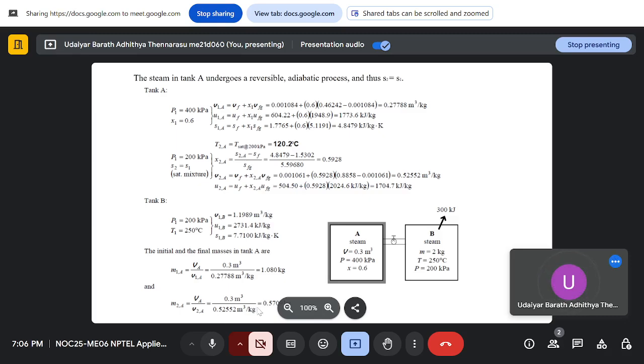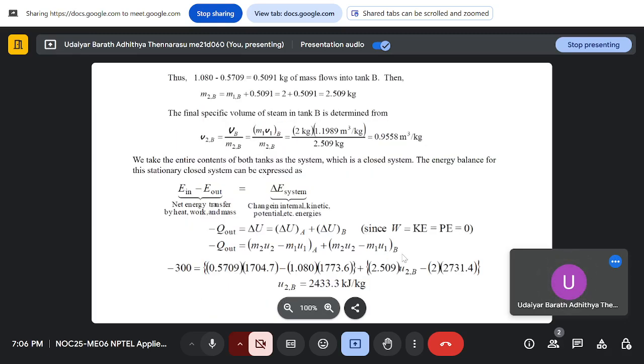So mass is 0.5709, so close to half a kg has escaped. So the mass which has escaped is 1.080 minus 0.5709, which comes out to be 0.5091 kg of mass which has flown from tank A to tank B.